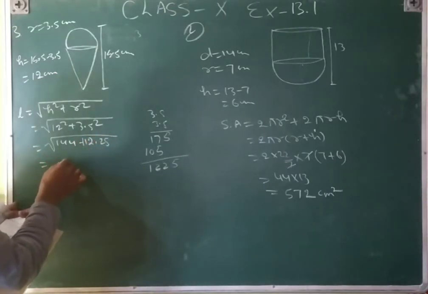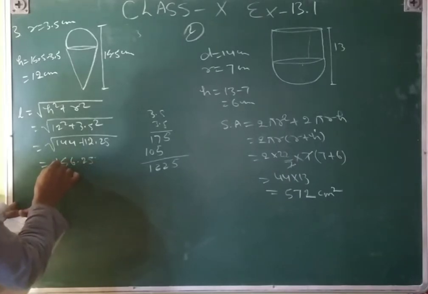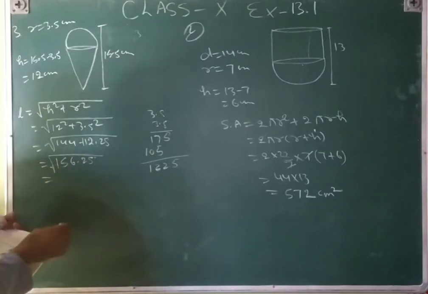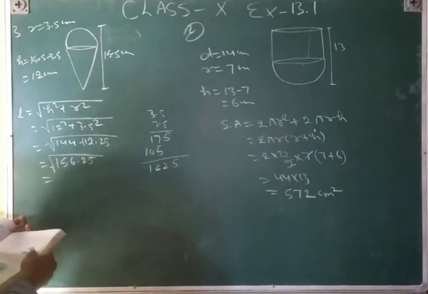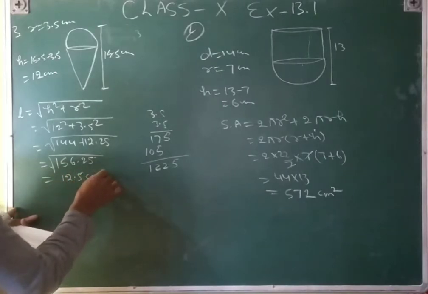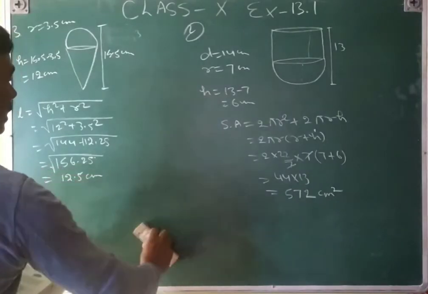So the addition will be 156.25. The square root of that will be 12.5. Obviously that will be 12.5 centimeter.